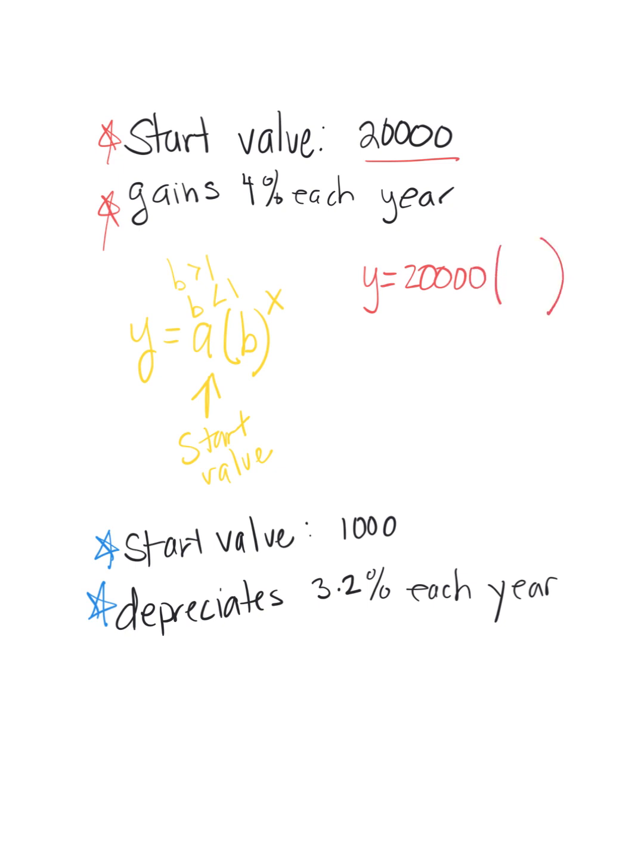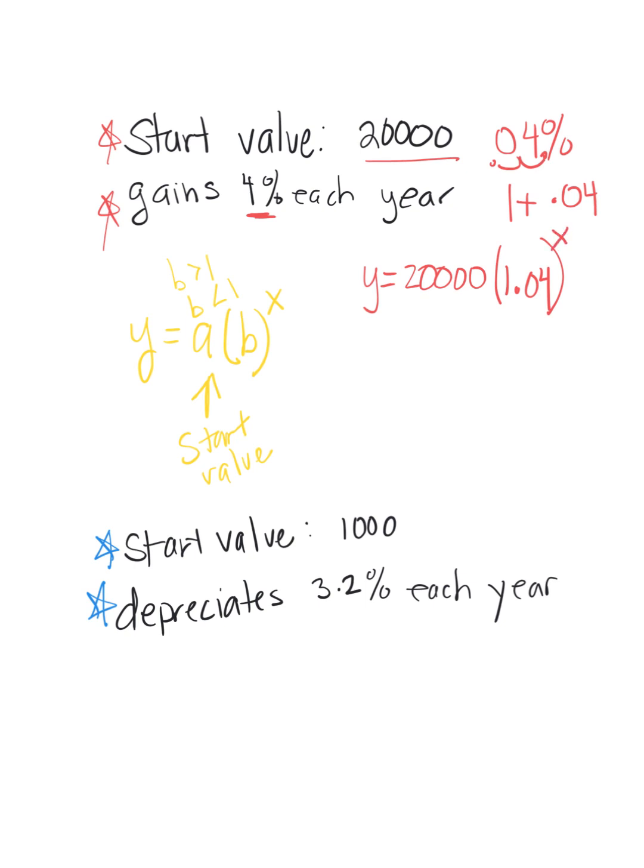Times, if we're talking about this growing at a percent, remember we take that 4% and turn it into a decimal, so we need to move it once, twice. And so we're talking about this being our rate of increase, and if we add that, then what we will have as our b value is 1.04.